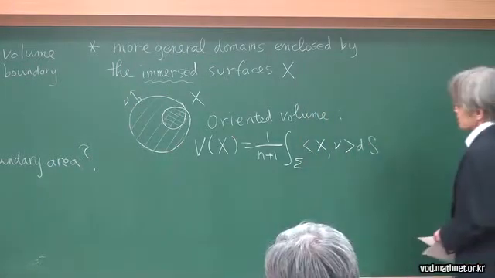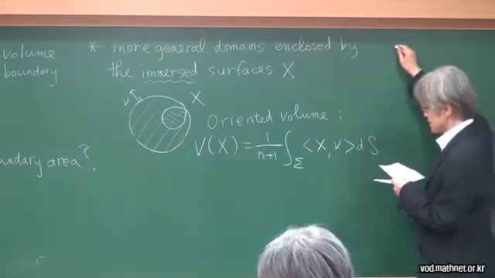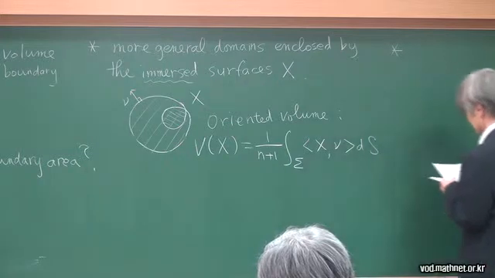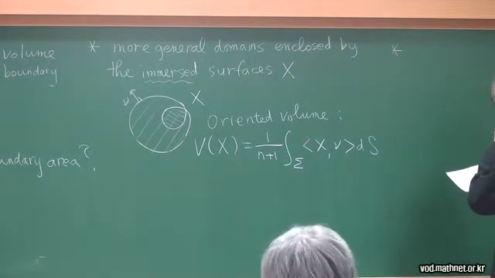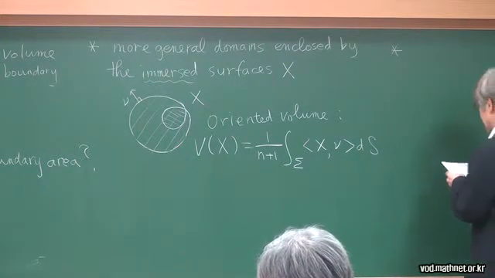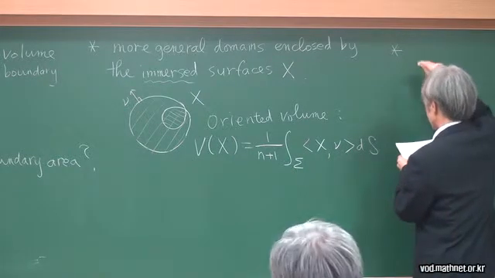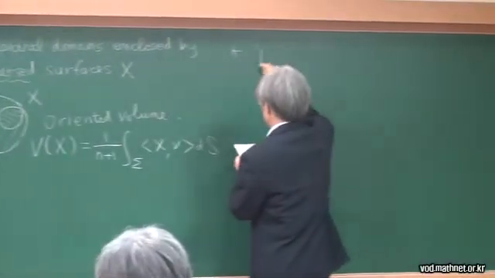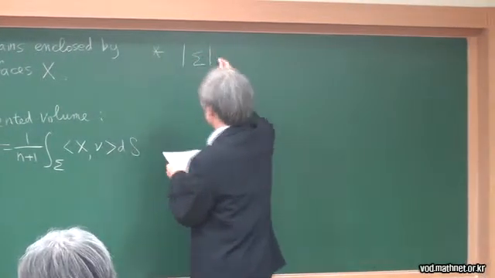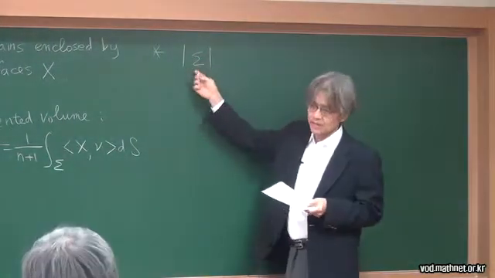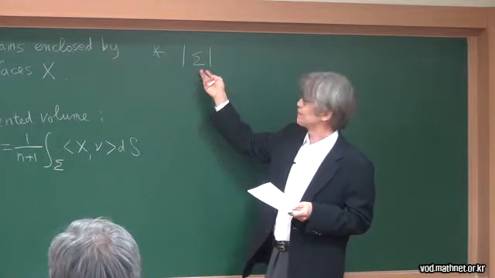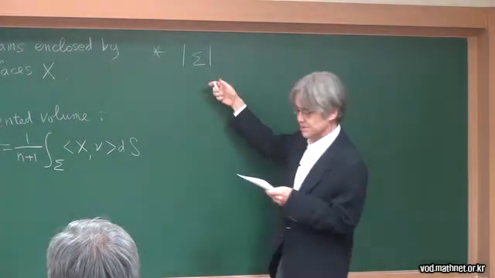Then for this type of immersed surfaces, the critical surface has the following properties, and this property is obtained by the first variation formula. I denote the absolute value for the area of the immersed surface sigma.